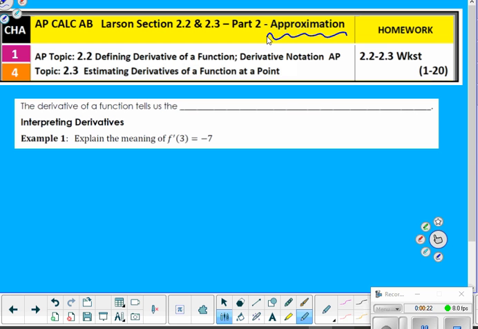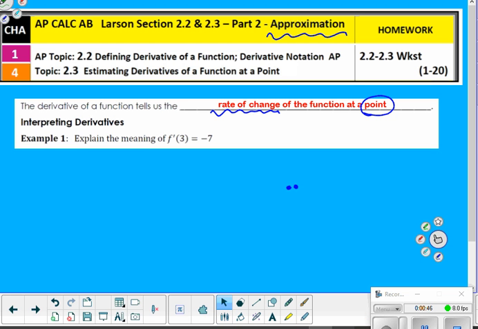And just to recall, the derivative of a function tells us the rate of change of the function at a point. So it's all about this rate of change at a point. And I can't reiterate enough, if I have 2 points, I can calculate a slope. But if I only have 1 point, it's difficult to calculate a slope.